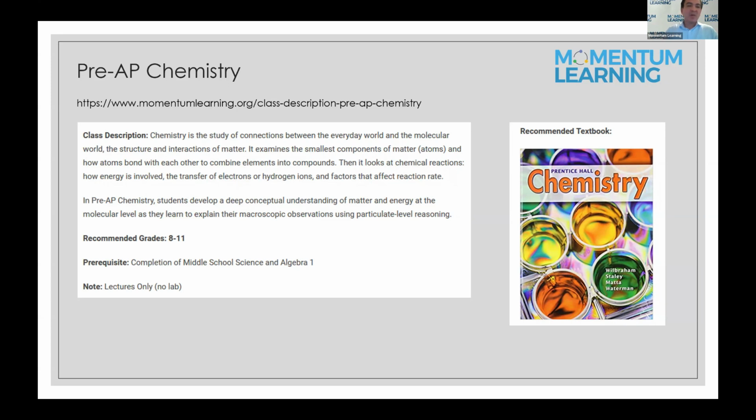I'm against memorizing stuff. Yes, you have to remember some things, but I'm against memorizing because in AP chemistry, you don't need to memorize anything. Everything that you need, equations and all those things, will be given to you. You need to know how to use them, how to apply them. So that's how this pre-AP curriculum will be also.